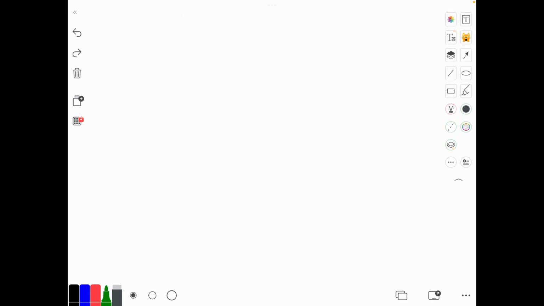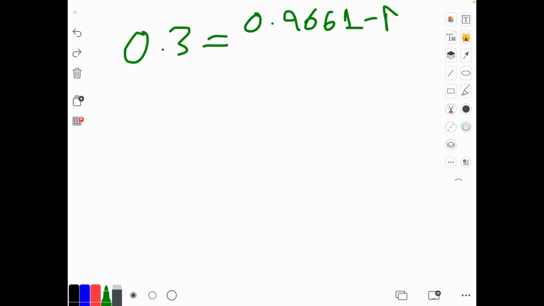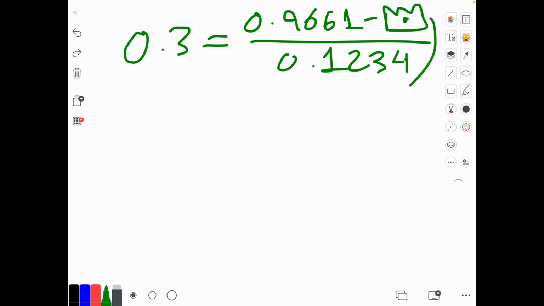So I know 0.15 over 0.50, that's 0.3, equals 0.9661 minus the crown over 0.1234. Now multiply both sides by 0.1234. This is just basically algebra at this point.